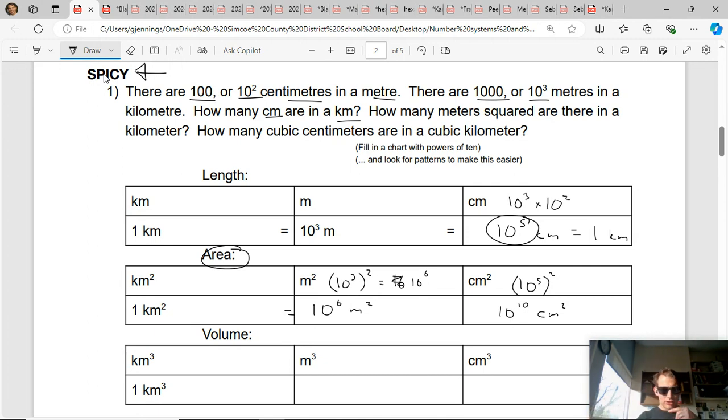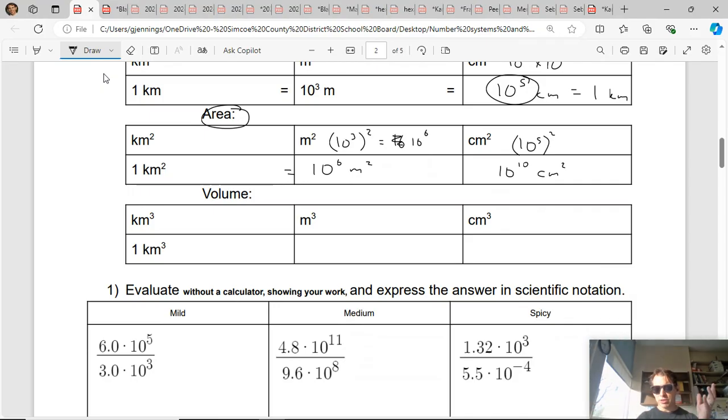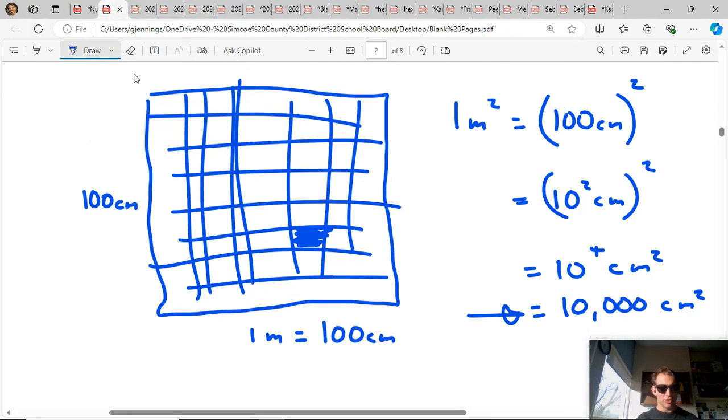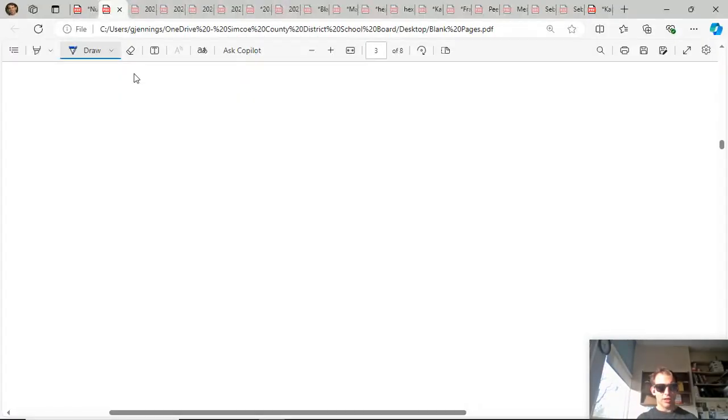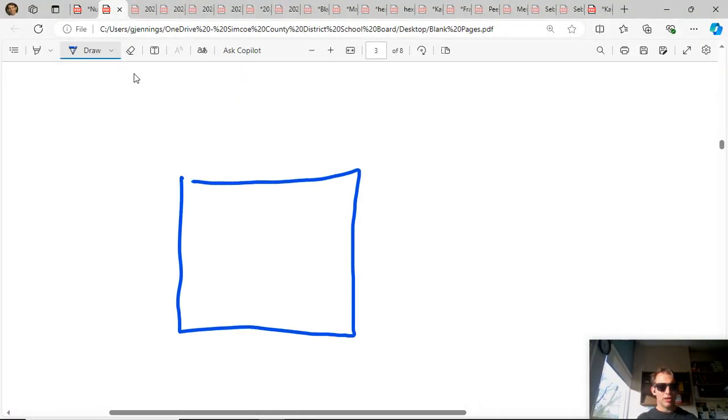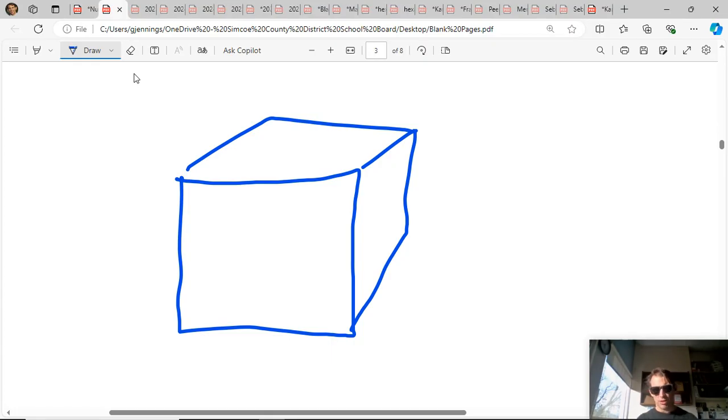And now let's go to volume. Volume's the same, but we have to cube these things. Okay, because if I go back to my blank pages, now we're talking about, say we had a box and it's a meter by a meter. It's a very large box, but it's still like 2 people could pick it up. 1 meter by 1 meter by 1 meter. And so that, when I cube that, is 1 meter cubed.